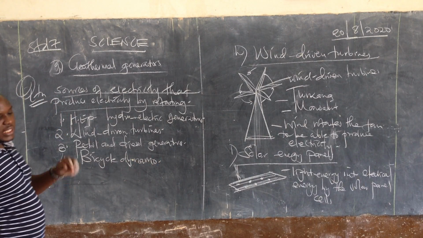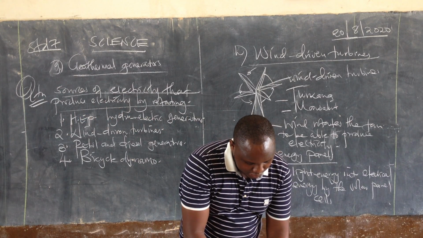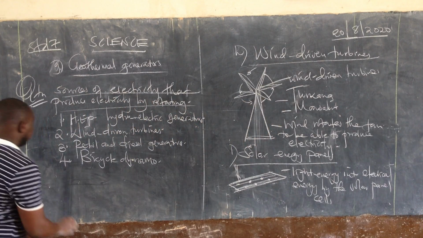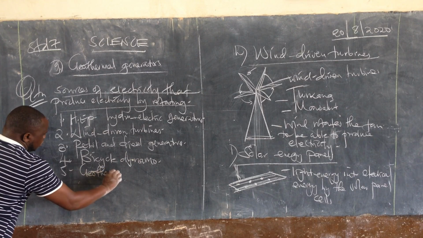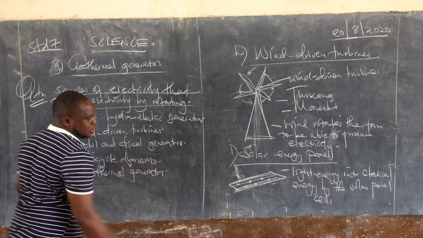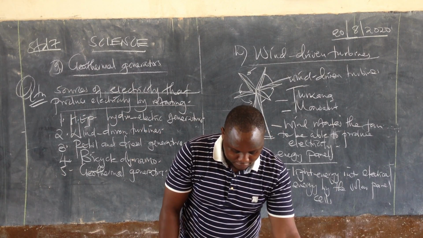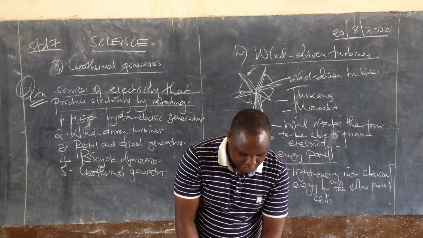A bicycle dynamo must rotate for it to be able to produce electricity. Then we have, of course, the geothermal generators. We also mentioned hydroelectric generators.